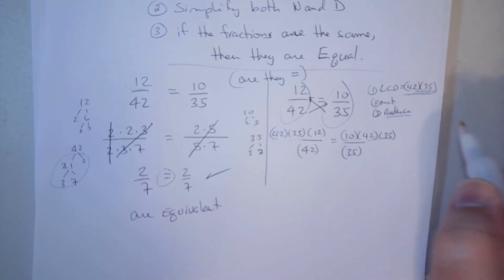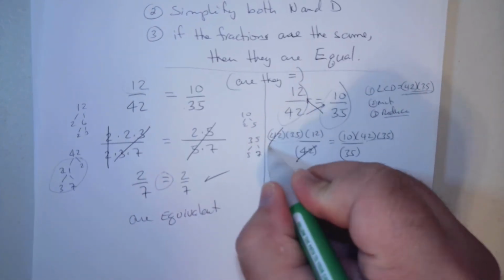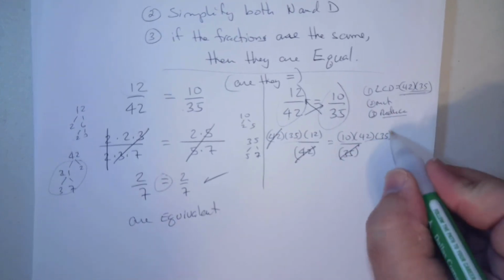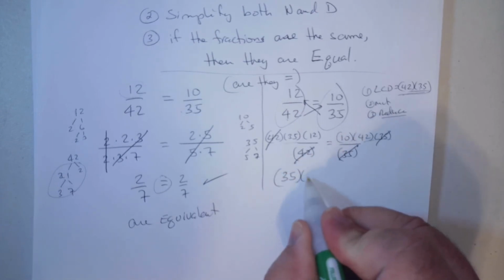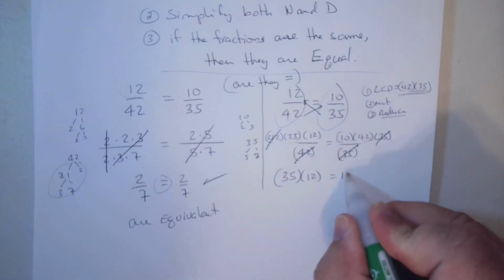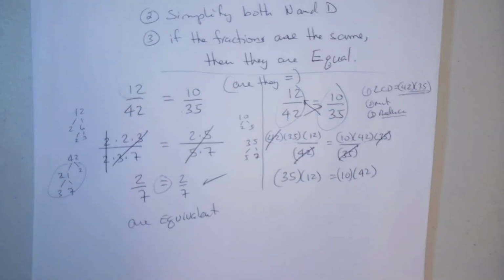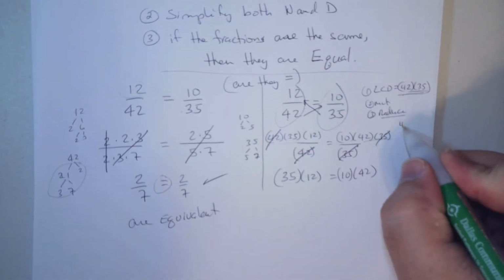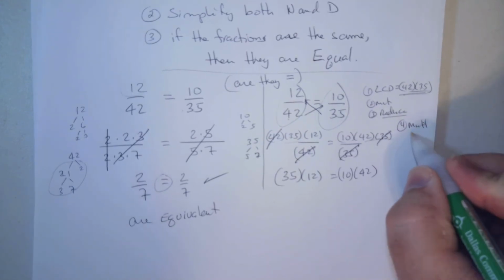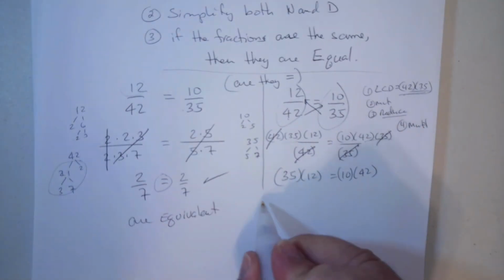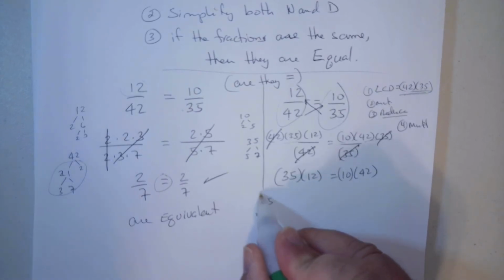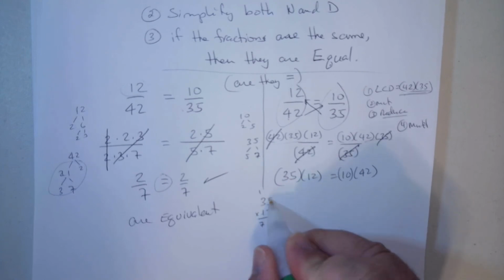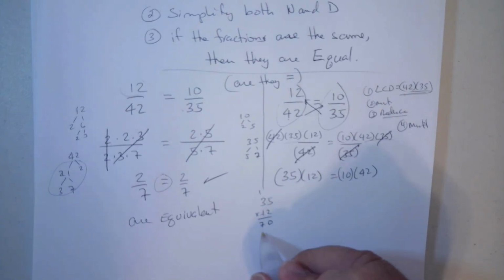Third, reduce. Cancel. 42 cancels with the 42, 35 with the 35. So we're left with 35 times 12, 10 times 42. And then multiply. 35 times 12. 5 times 2 is 10. 6, 7. 6 plus 1 is 7. 5 times 1 is 5. 3 times 1 is 3.